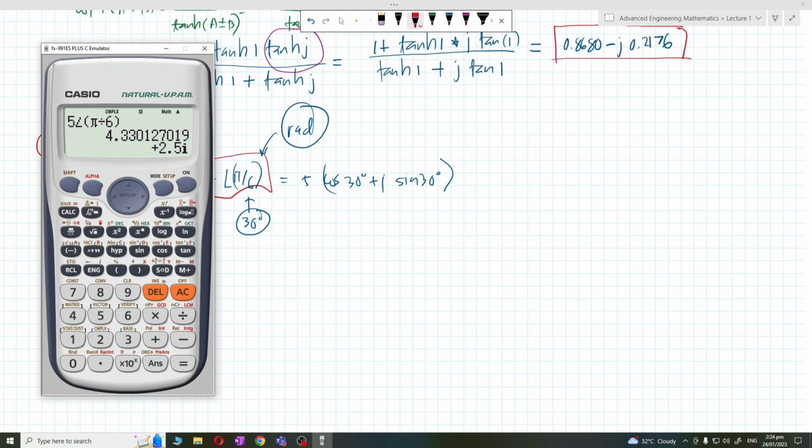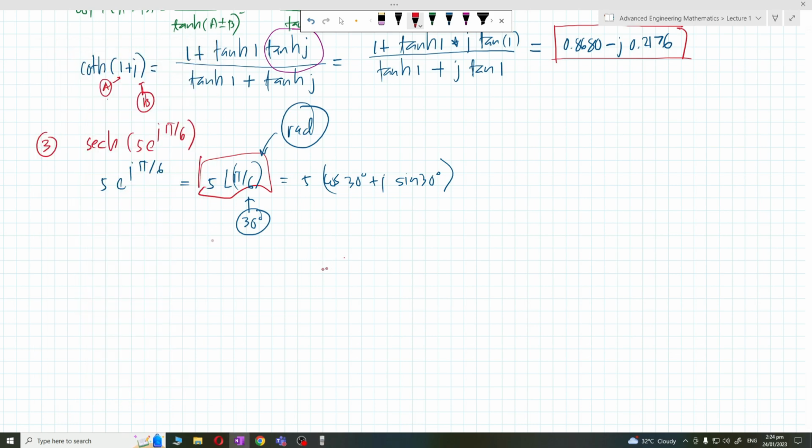So 4.33 plus j 2.5. Therefore the secant of the expression 5 e raised to j pi over 6 is the same as the secant hyperbolic of the quantity 4.33 plus j 2.5.